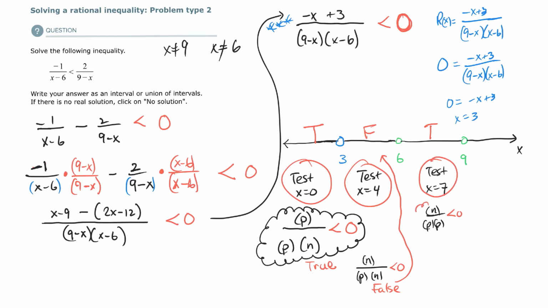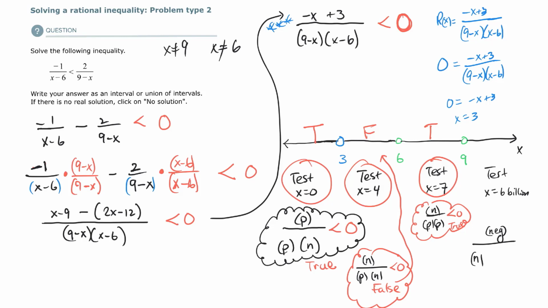Bubble math. Lots of bubble math here. Last one, pick a large x value. Test, I don't know, x equals 6 billion. So we put 6 billion in here. We get a negative over a what?